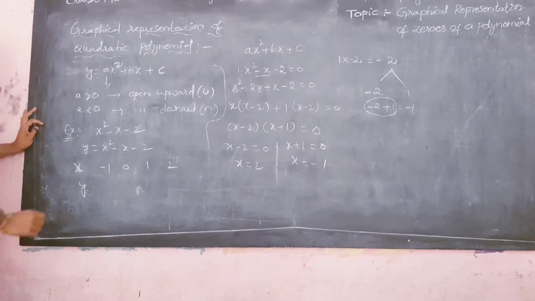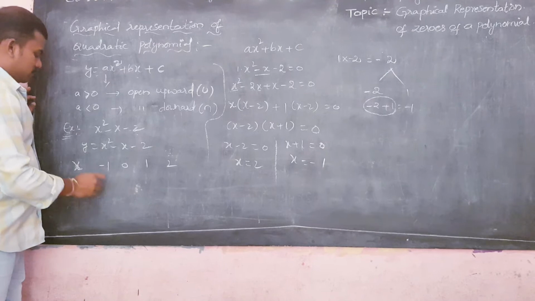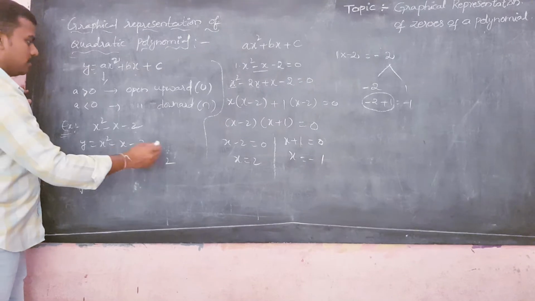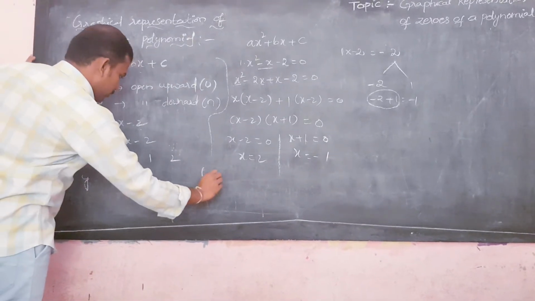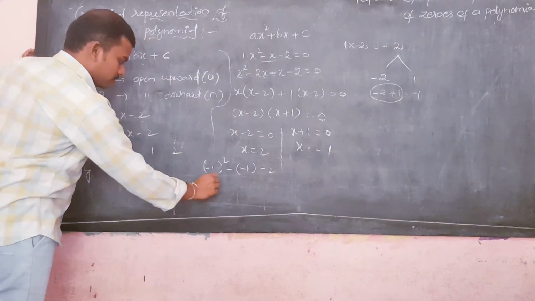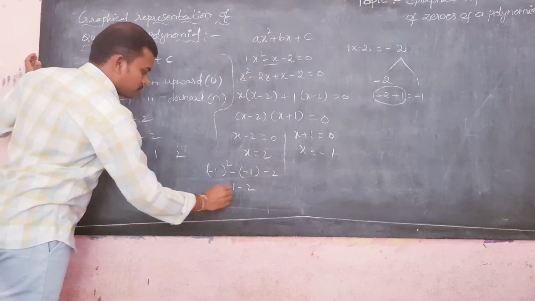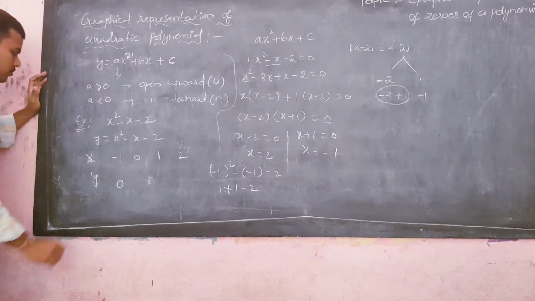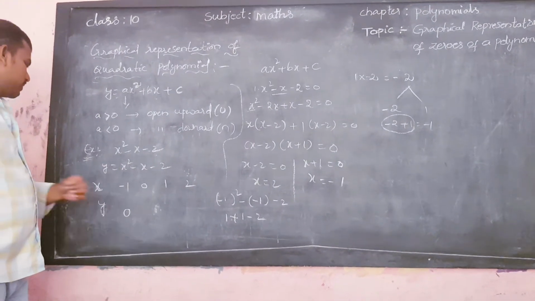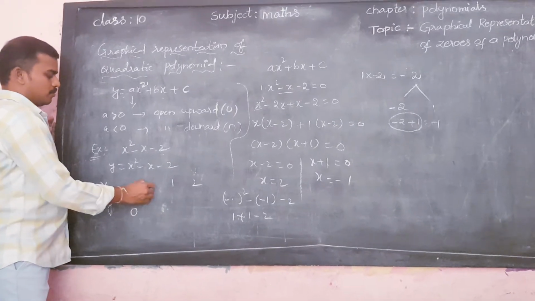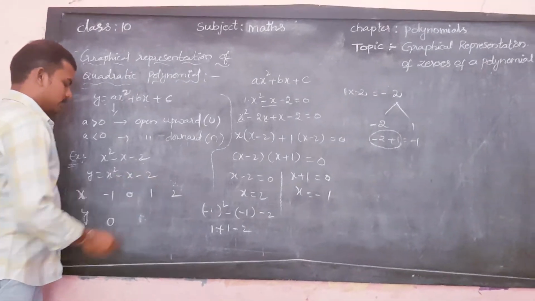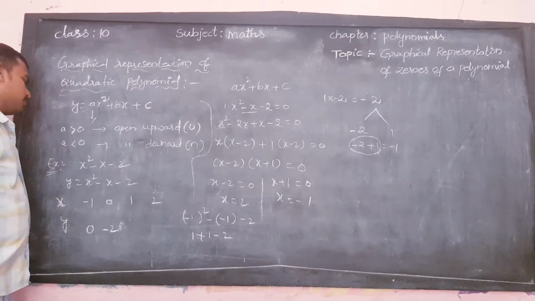So y is equal to x square minus x minus 2. Put minus 1 in place of x: minus 1 whole square, minus of minus 1, minus 2, so 1 plus 1 minus 2, 2 minus 2 is 0. So we put x value minus 1 in the quadratic polynomial, we get 0. Put x value 0: 0 square, 0, 0 minus 0, 0 minus 2, so we get minus 2.